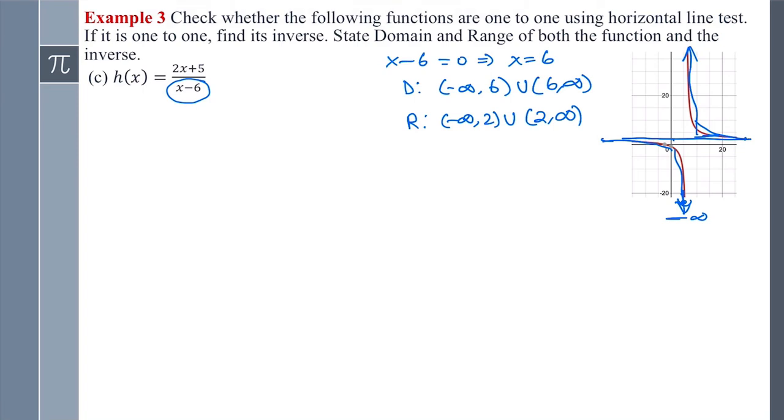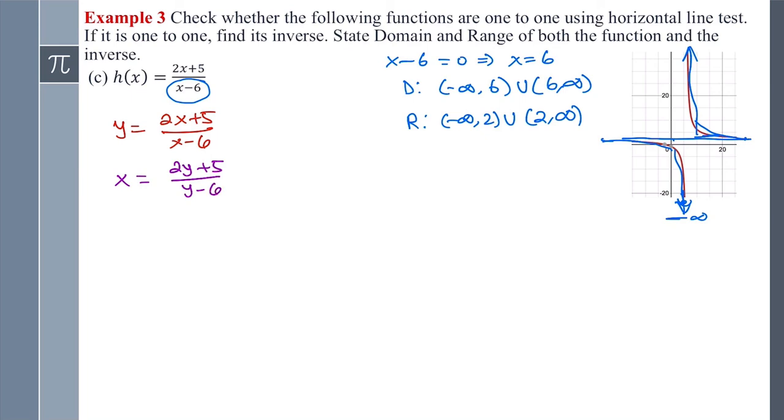First, we replace h of x with y. So y equals 2x plus 5 over x minus 6. The next step is to switch x and y, or replace y with x and x with y. When we do that, we get x equals 2y plus 5 over y minus 6.